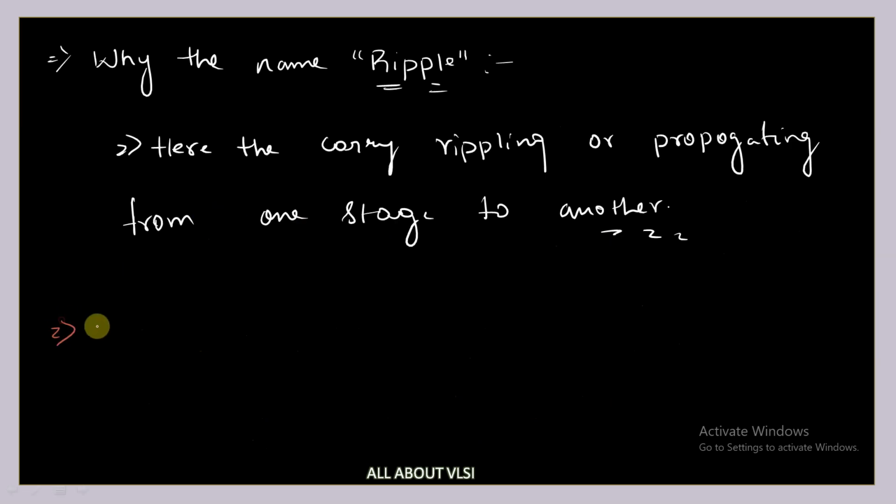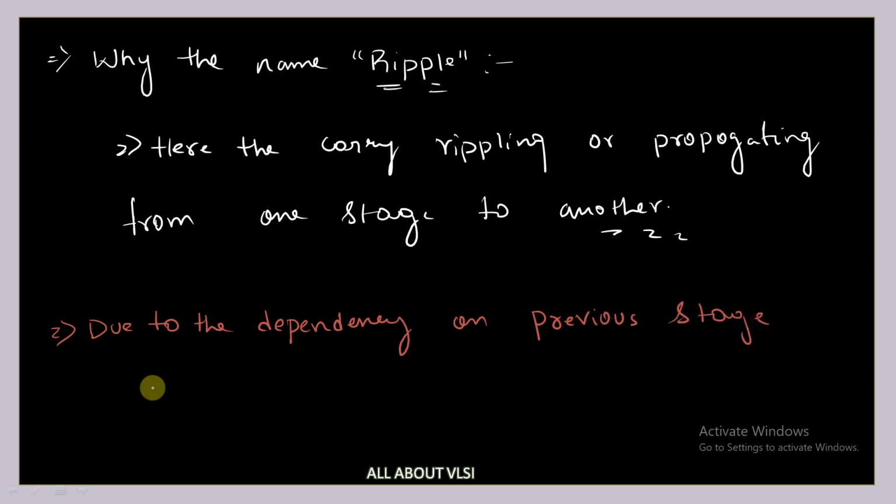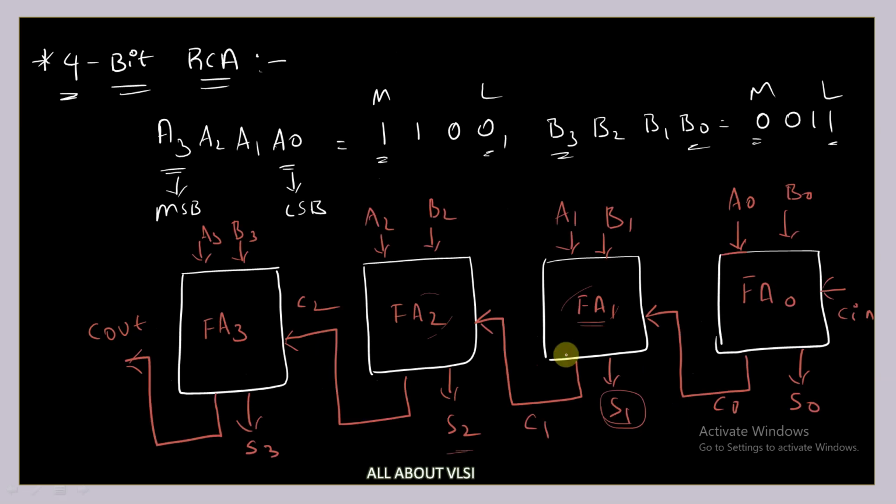I will write down here: due to the dependency on the previous stage carry, the ripple adder speed is low. This is one of the drawbacks of the RCA.